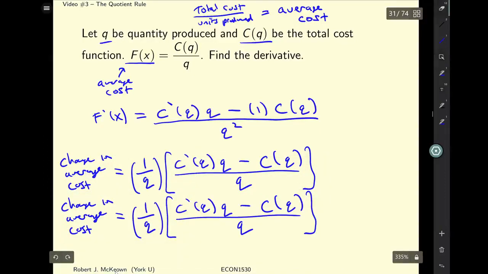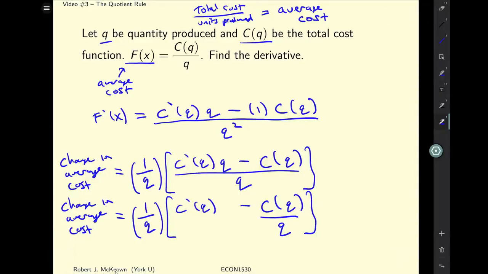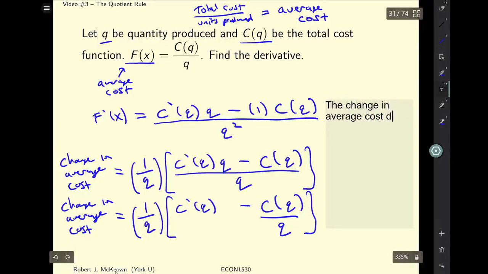I'm going to cancel out those two Q's, keep the 1 over Q here, and we can see that the change in average cost depends on marginal cost and average cost.